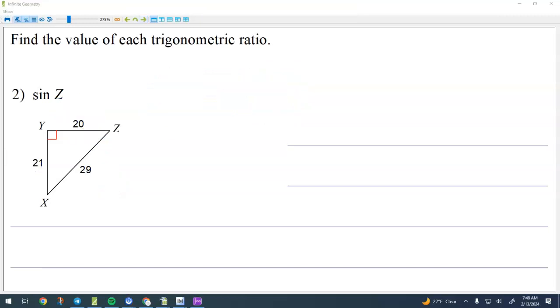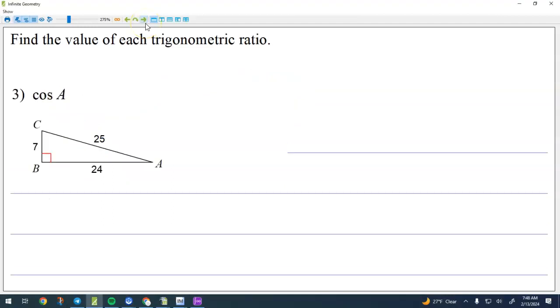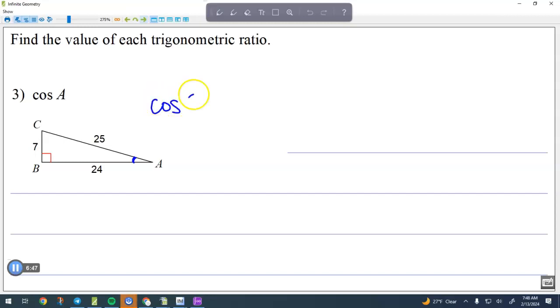Is the next one cosine? I want to do a cosine one too. Okay. 3 is cosine. So again, go through, show all the work. Cosine of A, so I'm going to draw. You don't even have to draw a dude. I kind of like drawing a dude, but it's up to you. And then I'm going to write the formula for cosine. So that's adjacent over hypotenuse. Then I'm going to label all 3 sides on the triangle. 25 is the one across from the right angle.